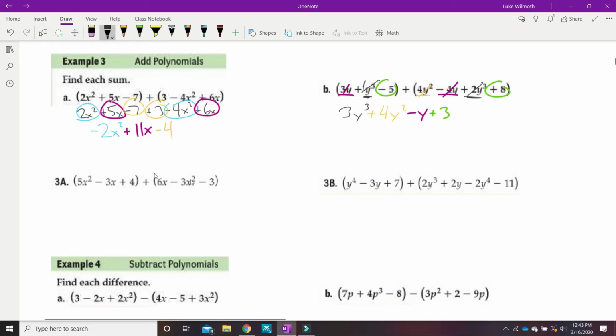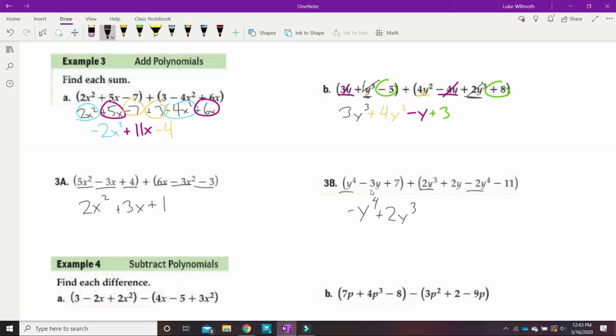At this point, you should pause the video and see if you could do these problems here. We should have ended up with 2x squared plus 3x plus 1. And then on 3b, we should have had negative y to the 4th, and then 2y cubed.